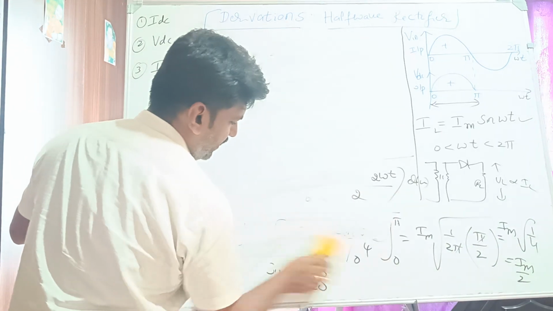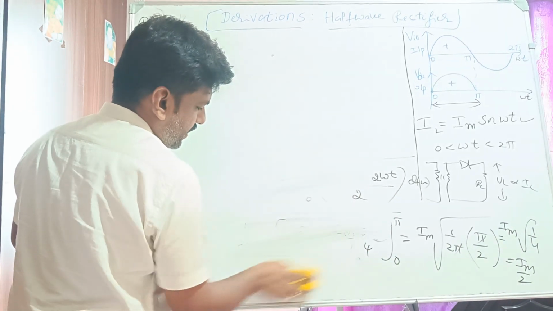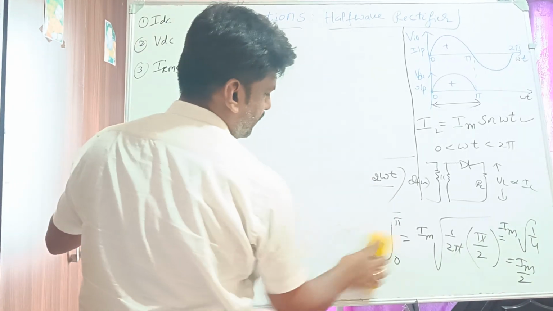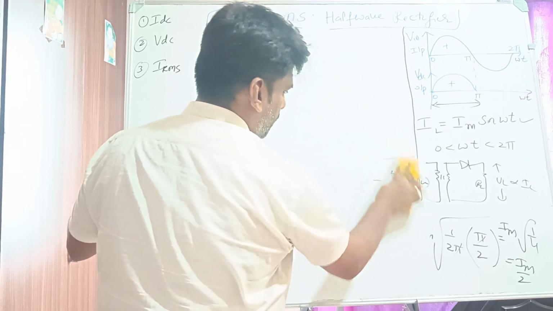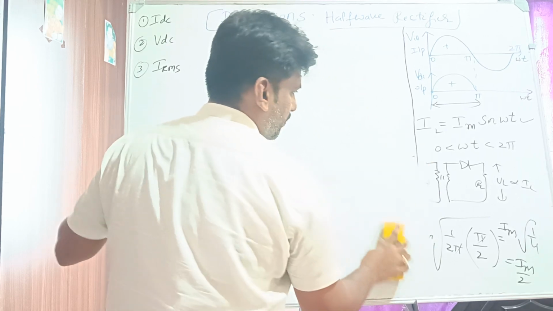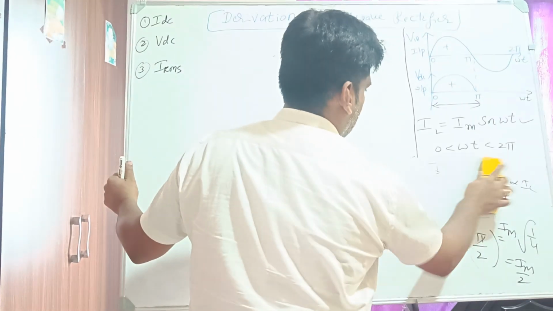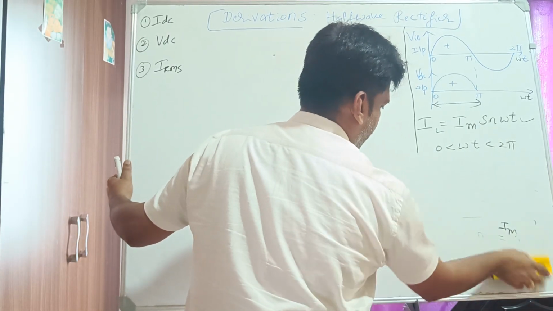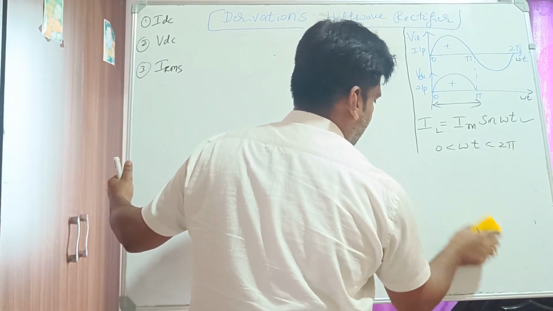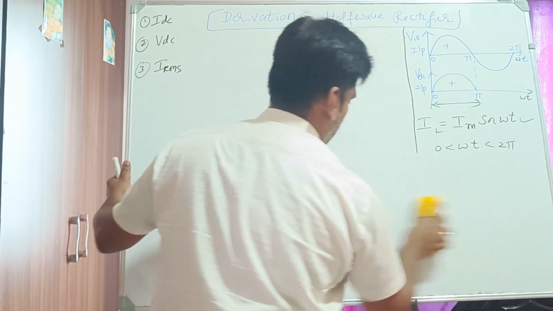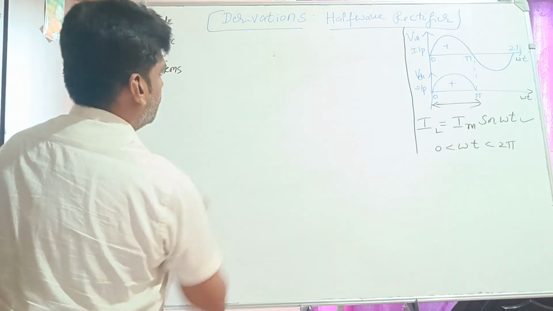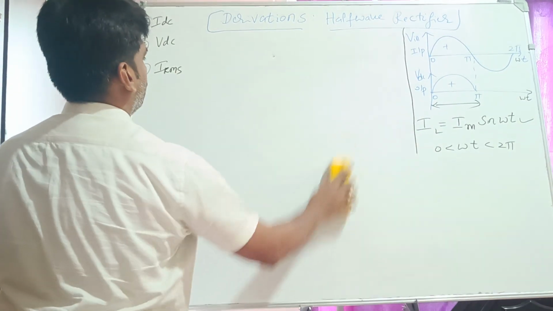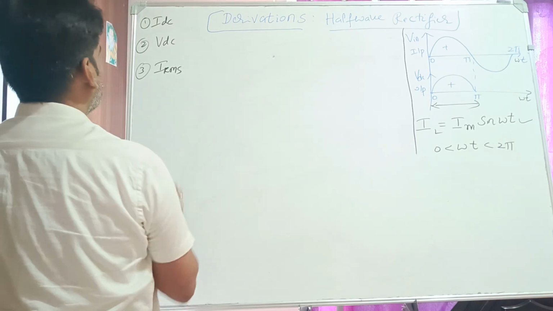So we should find these two so that we will get the efficiency, because the efficiency is power output divided by power input. So we'll take that help so that we will get what is the efficiency of a rectifier, means by how much percentage. At the end we will convert into percentage and we will put it. So efficiency of a rectifier we will calculate.